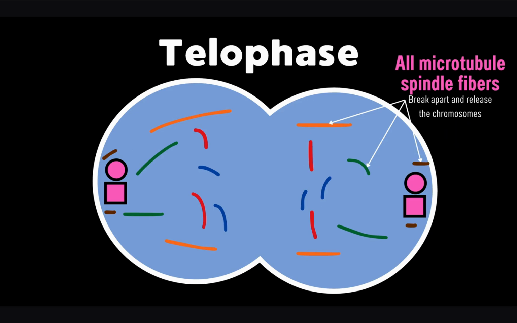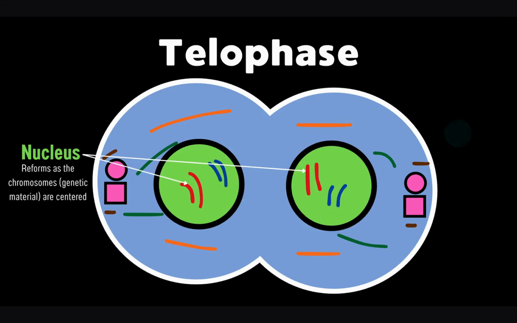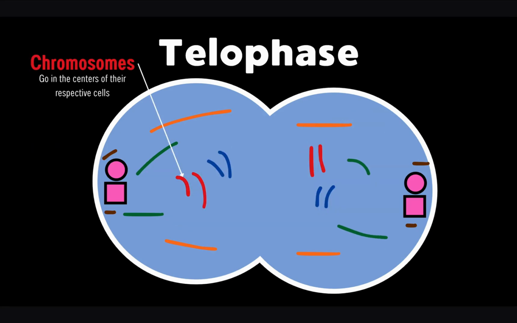Now we get to the final phase of mitosis, telophase. So all the microtubule spindle fibers, they're really going to just break apart and release the chromosomes. And the chromosomes, now they're going to go to the centers of their respective cells. So you can see red ones here, blue ones here, blue ones here.